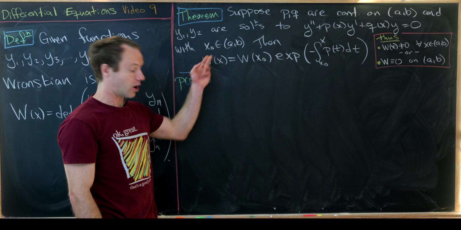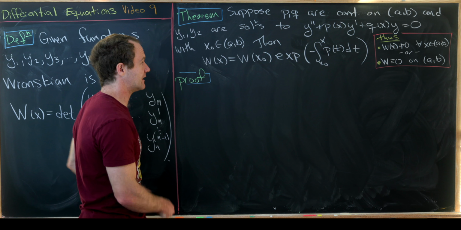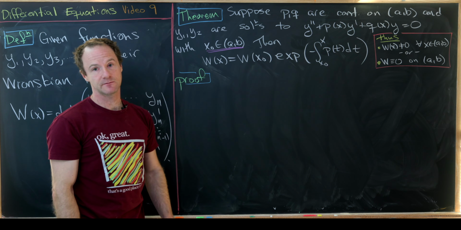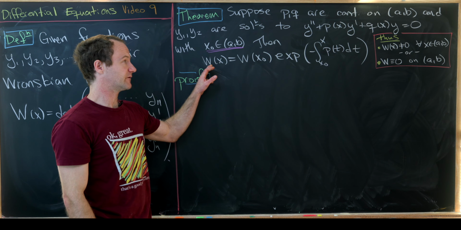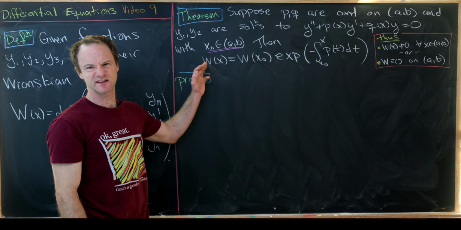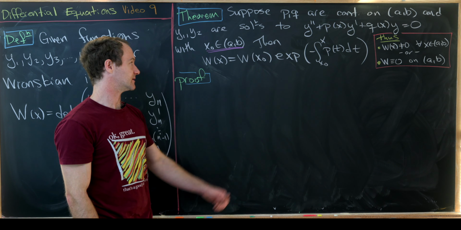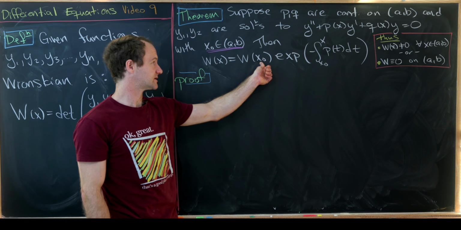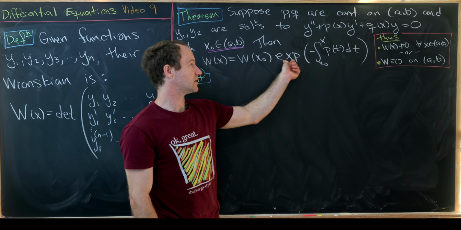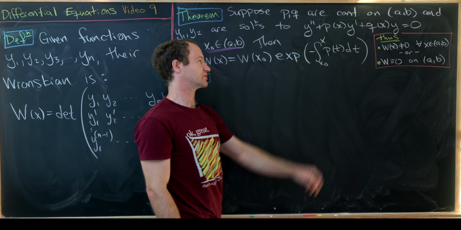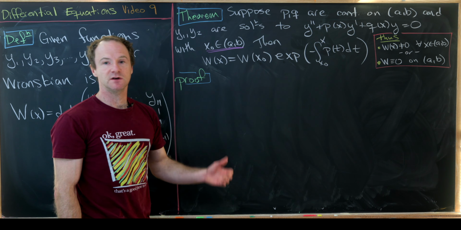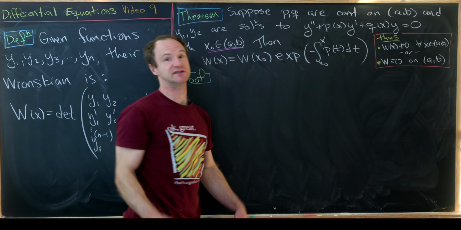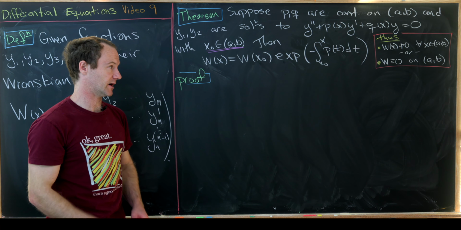Then we pick an arbitrary x naught in (a, b); it's really important that it is arbitrary. Then we have Abel's formula for the Wronskian: w of x equals w evaluated at x naught, times the exponential of minus the antiderivative of our function p. So the Wronskian only depends on p, the coefficient of y prime.